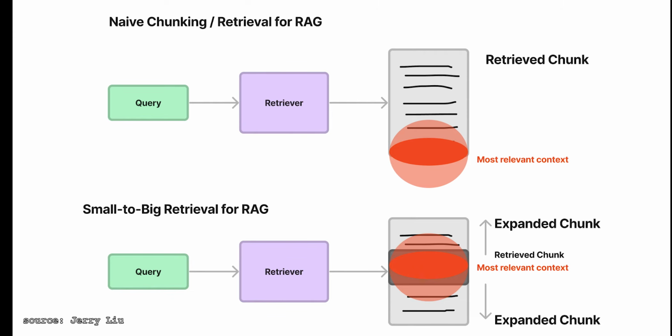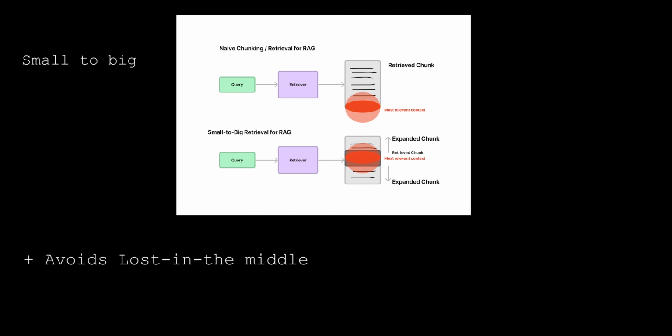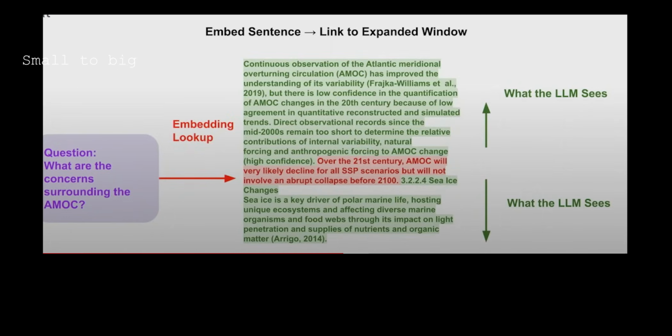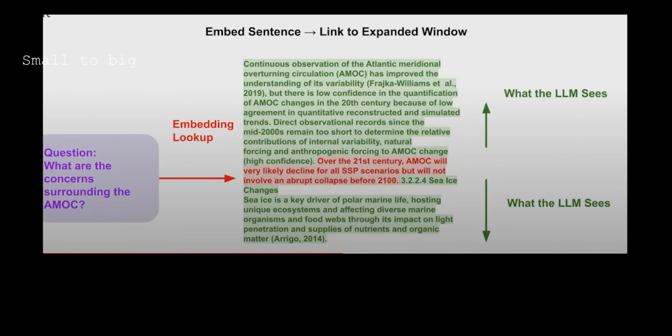This allows having a more specific embedding for different topics to be retrieved upon. Now the benefit is that it leads to more precise retrieval and avoids the lost in the middle problem. One of the downsides that I can think of is that it depends how good your embeddings model is for your data, which may determine how well your retrieval is, but this is definitely a performance boost, or can be a performance boost, for your retrieval model.